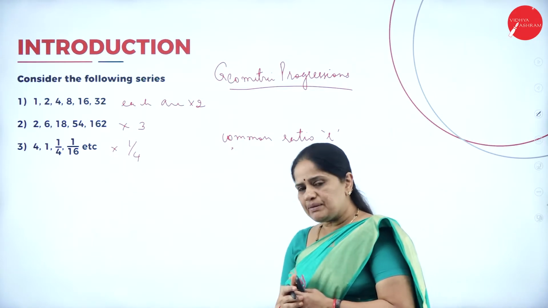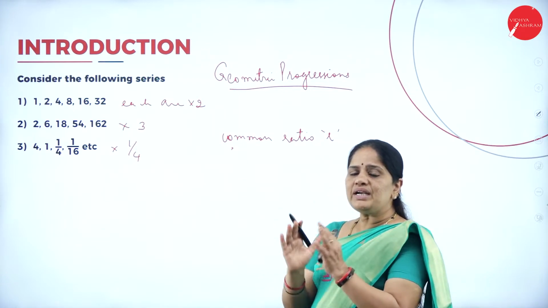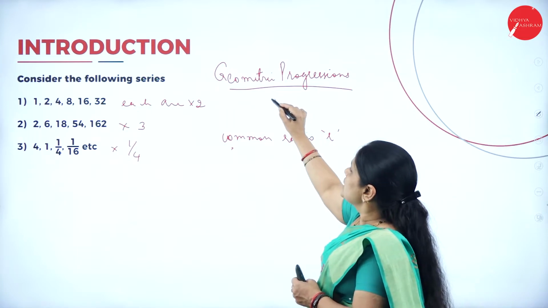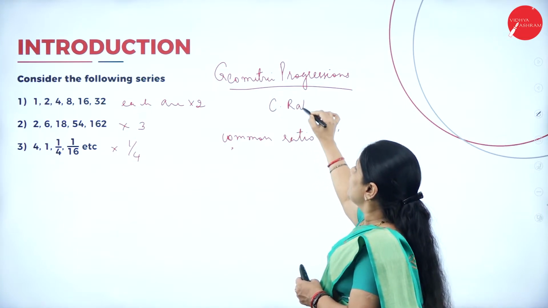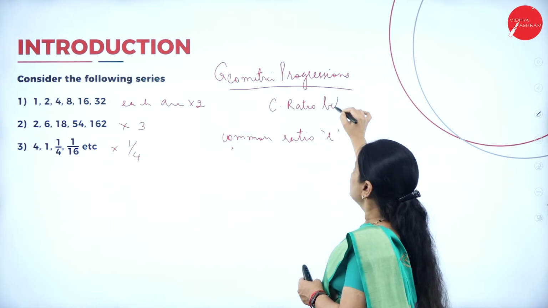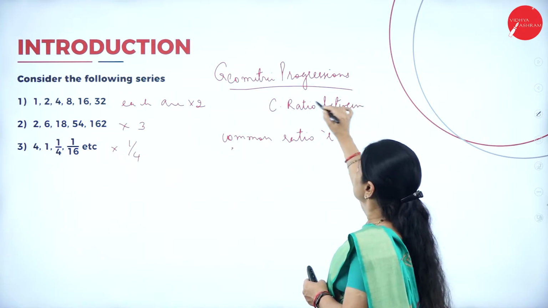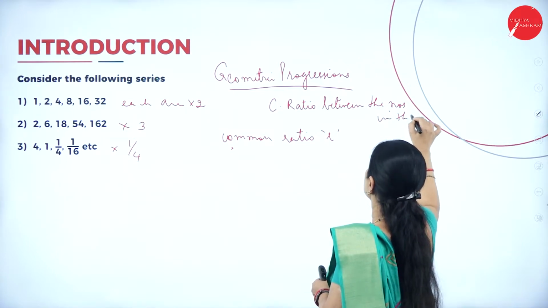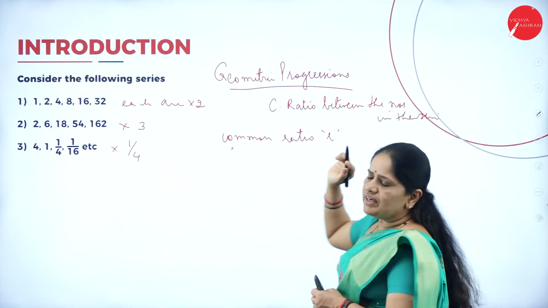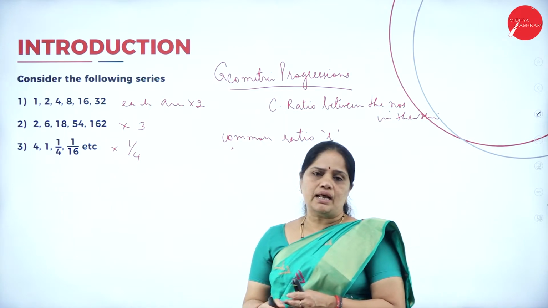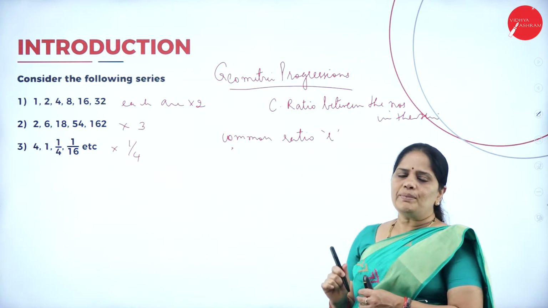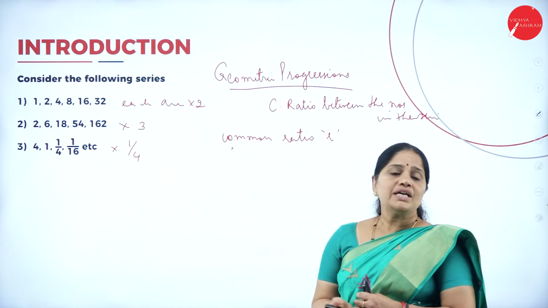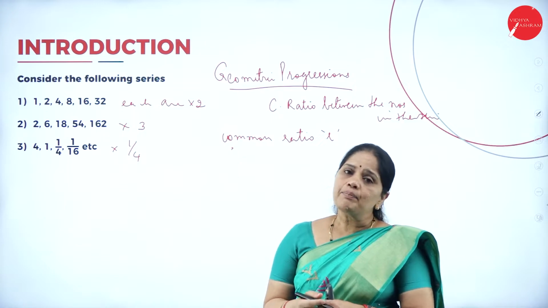In arithmetic progression, there is a common difference between numbers, whereas in a geometric progression, there is a common ratio between the numbers in the series. So whenever we have a common ratio between the numbers, we call it a geometric progression. When there is a common difference between numbers, we call it an arithmetic progression.